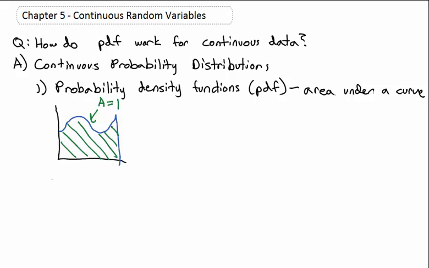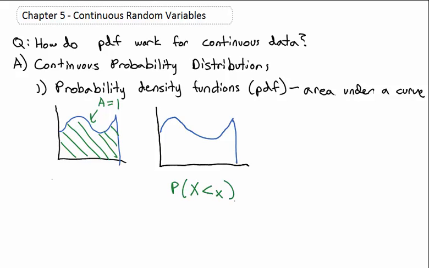So if you don't have all the area, you've got some percentage or probability of the area. For instance, trying to copy the same function here, not too well, but we'll go with it. Let's say I was interested in the probability that x was less than some number x. So here's x. If we wanted the probability that we were less than that, we would take the area to the left.